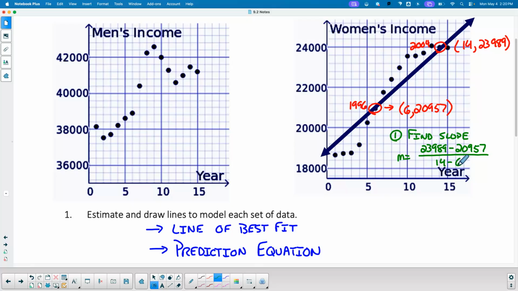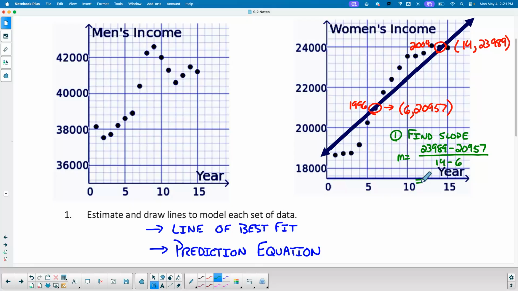Is it going to be beneficial for us to keep this one in fraction form? No. Why not? Because we're dealing with money, so if possible we should round. Oh man, this one worked out perfectly though.